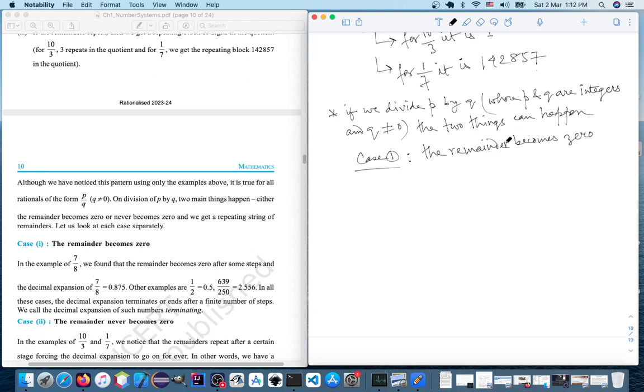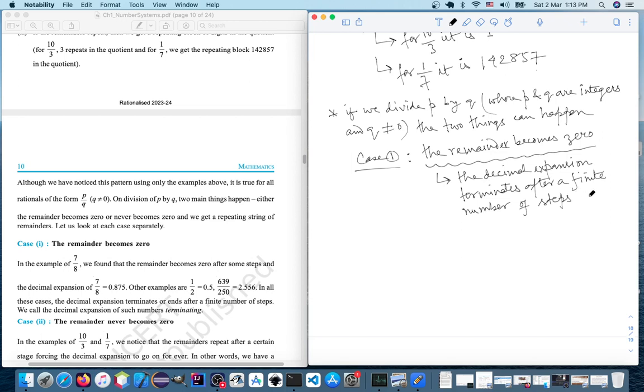So when the remainder becomes 0, this means that the decimal expansion terminates after a finite number of steps.